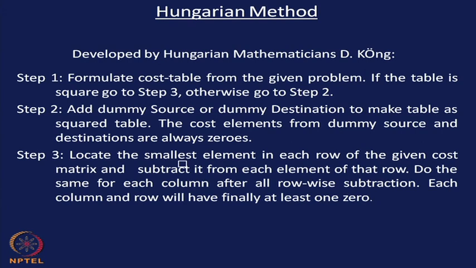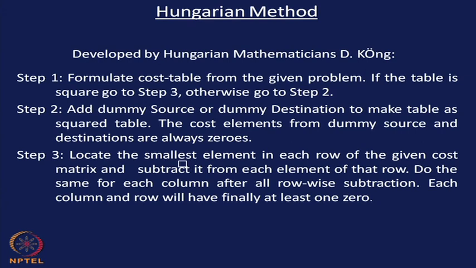Step 3: locate the smallest element in each row of the given cost table and subtract it from each element of that row. So, for the first row, find the smallest element and subtract it from all the elements of the row, and repeat for all the rows, then do the same for each column after row-wise subtraction.